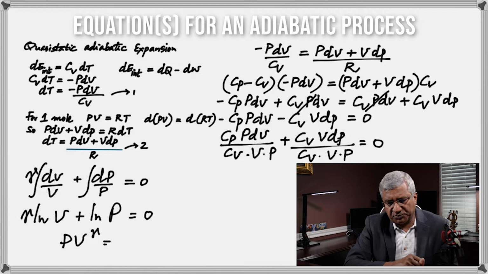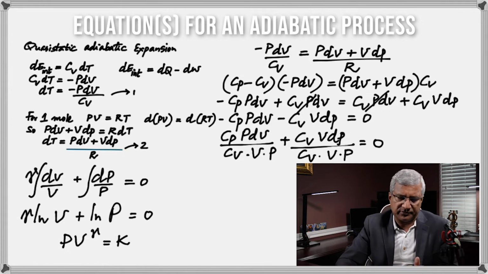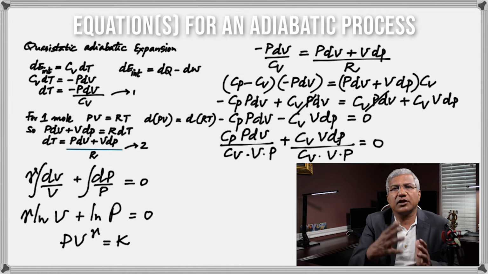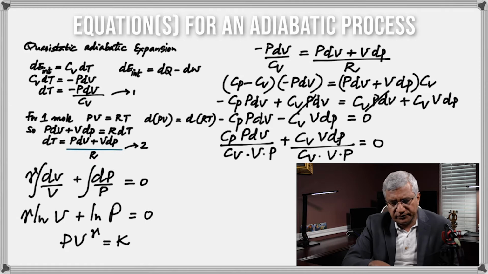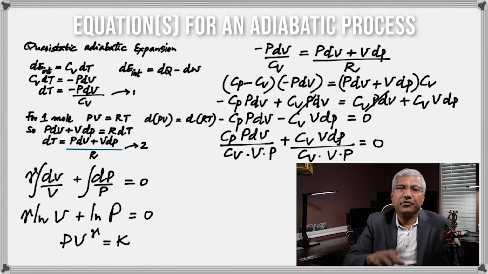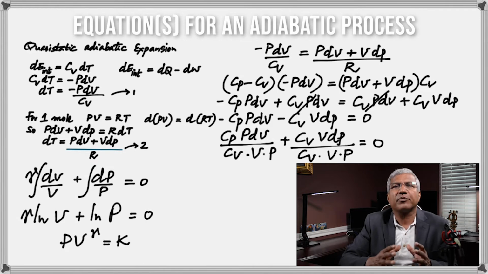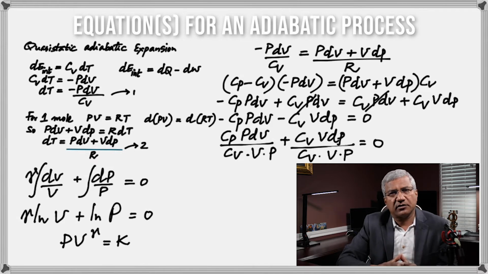And this can be written as PV raised to gamma is a constant, because you know that log A plus log B is nothing but log of A times B. So you have natural log of V raised to gamma times P is equal to, on the right side, a constant, since the constant is obtained when you integrate 0. So this is the equation for an adiabatic process: pressure times volume raised to gamma is a constant.